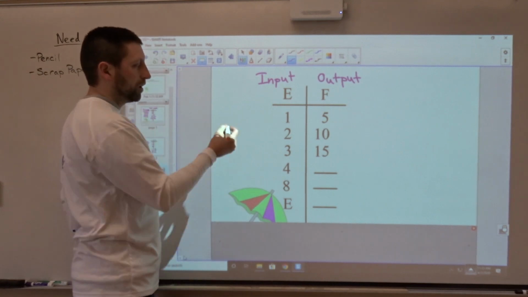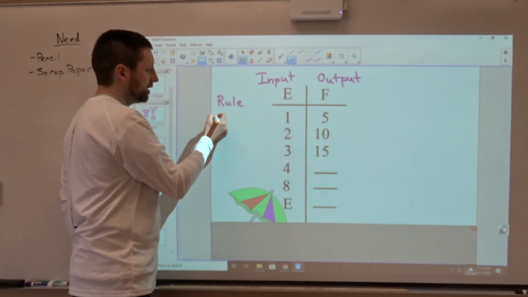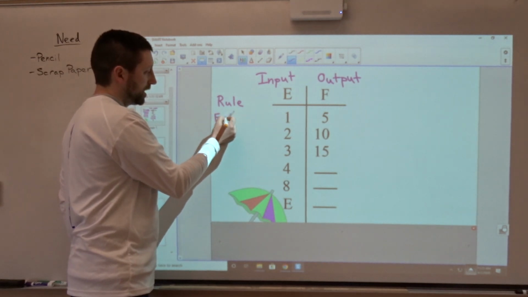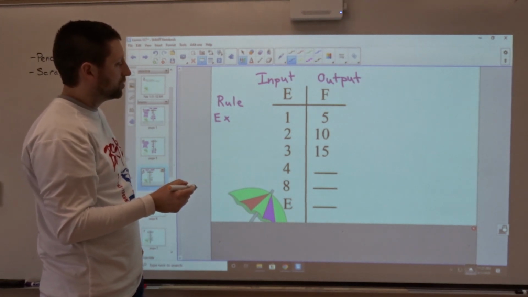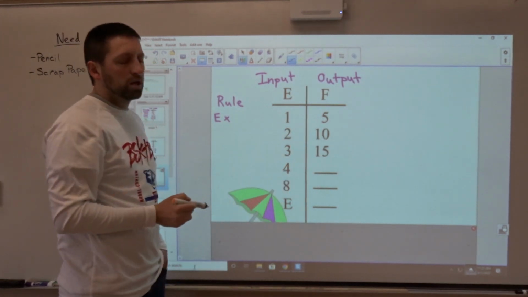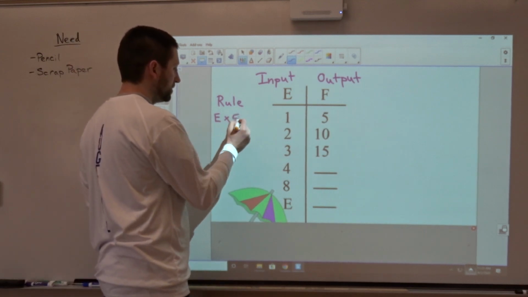So let's see if we can figure out what the rule is. Okay, so whatever E is times, what would make this true? 1 times what is 5? Well, 1 times 5 is 5. Let's try that and see if that's correct.